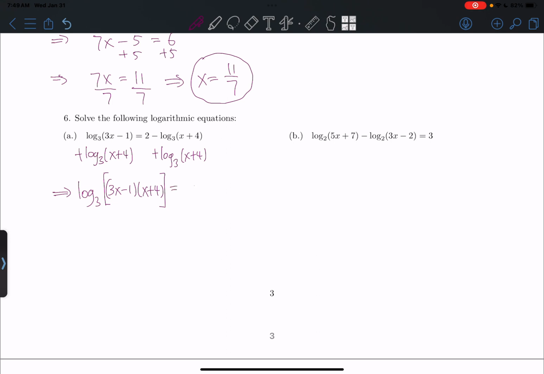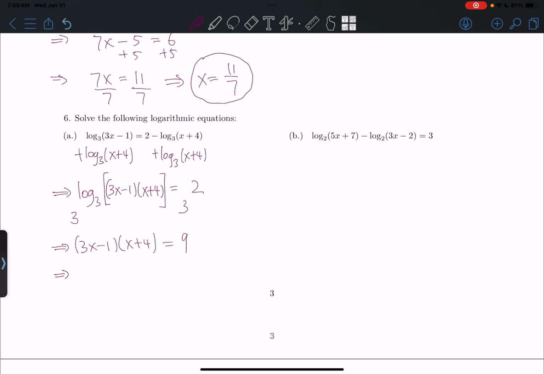And then the right hand side just equal to 2 now. All there is left. And from here, to get rid of the logarithm, we exponentiate both sides. This way, the exponential base and logarithmic base cancel out. We have whatever's inside that bracket, so it's 3x minus 1, x plus 4. And on the right hand side, we just have 3 to the second power, which is just 9.